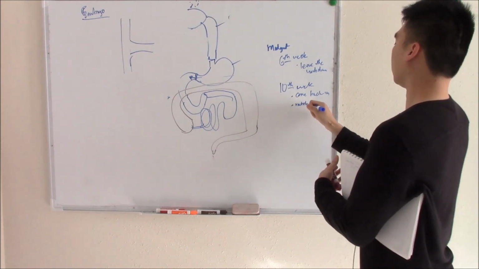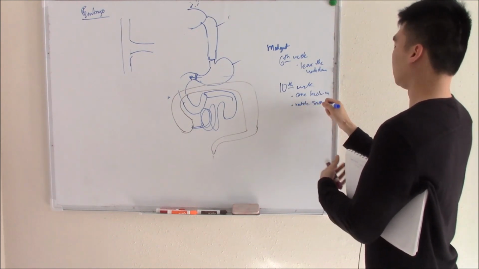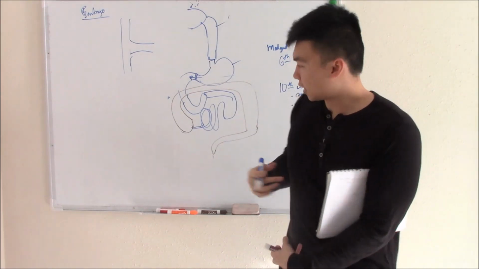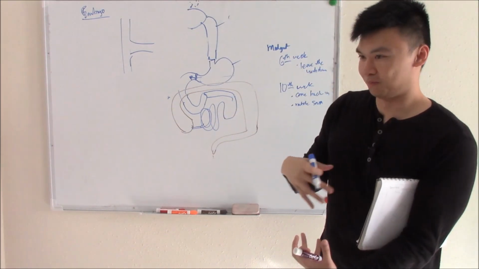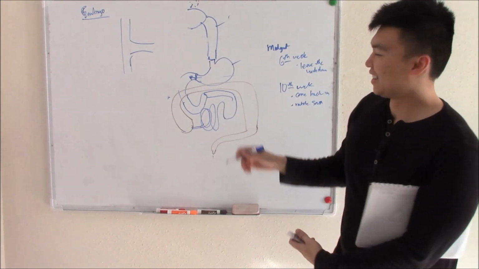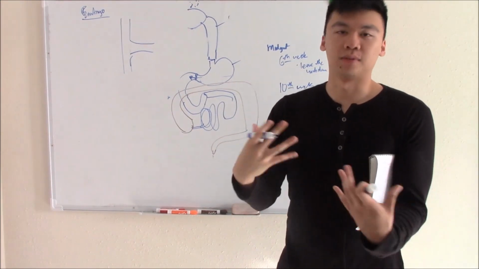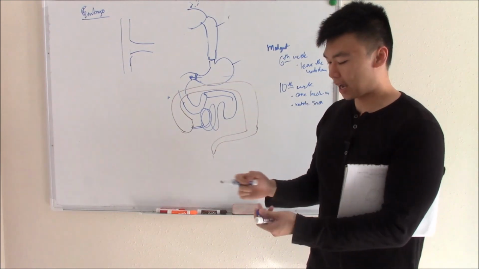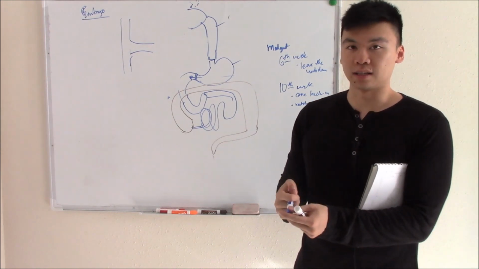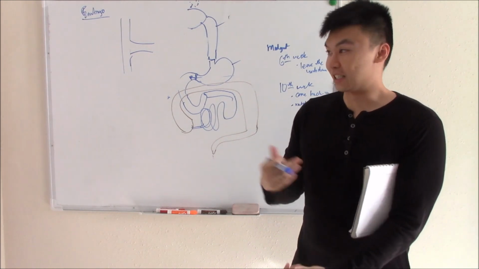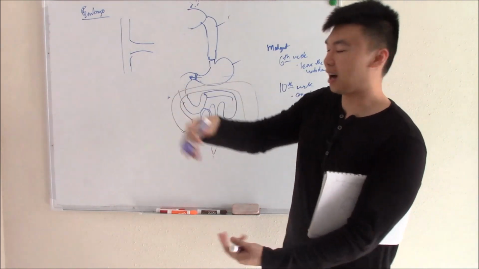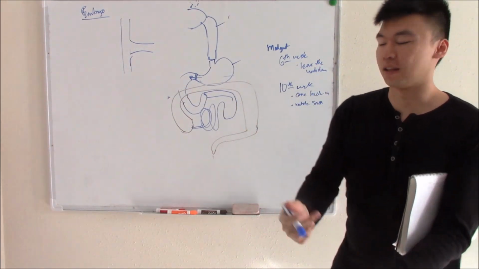Rotate around the SMA. That's why it's so curly. So curly, and then settle, continue to develop, and you have your GIT. All right, so that's how 30 feet of tubing can fit in us. It didn't fit in us originally because it blew out, but eventually it'll come back and fit inside of us.